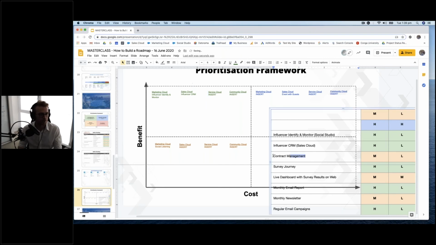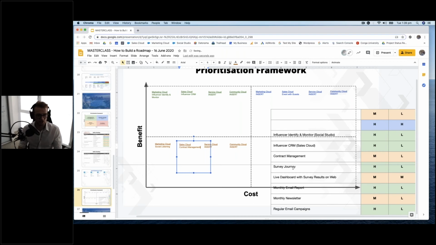Contract management, so that's really Sales Cloud as well. So that's where in the Salesforce world, you'd master the contract and all customer data. Great. Then we've got, oh, sorry, but we said that contract management is actually not a low-hanging fruit. So it's down here. Okay, great.